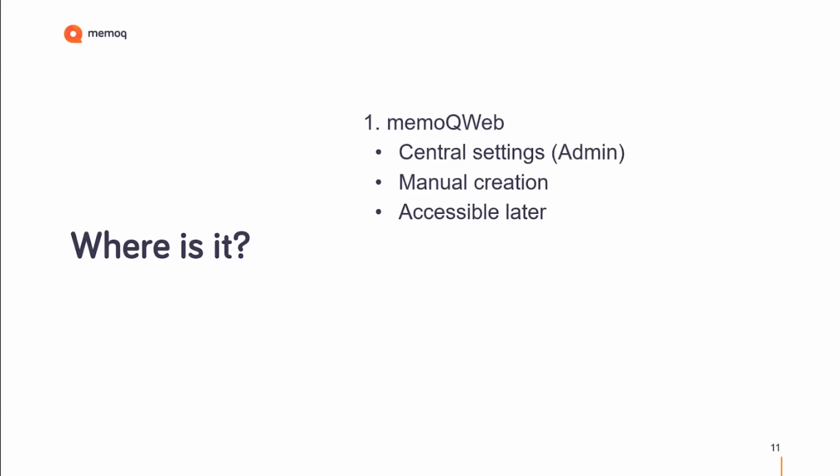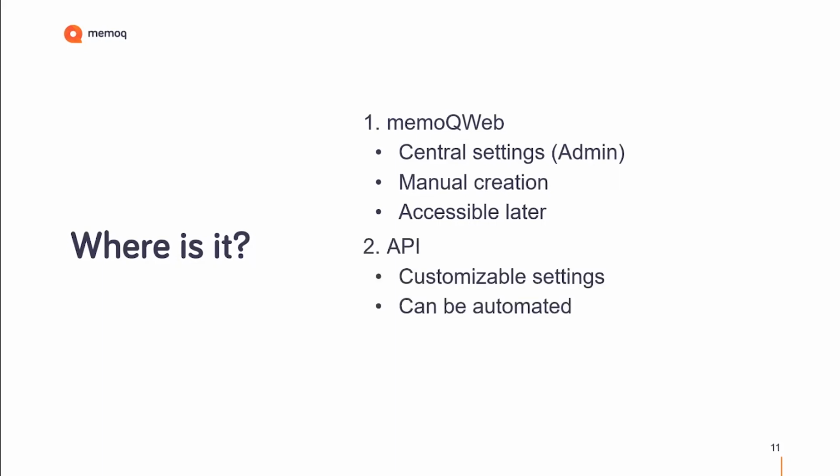And there is another way of accessing this report. You can use its special reporting API for it too. If you use the API, you can customize the settings per each report, and you can obviously automate its download.